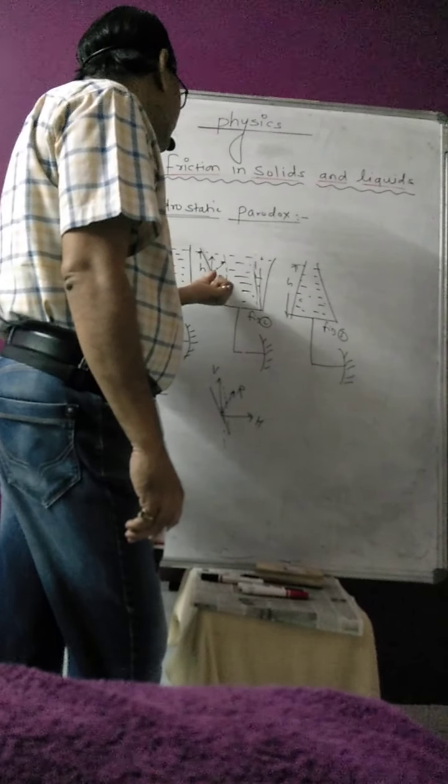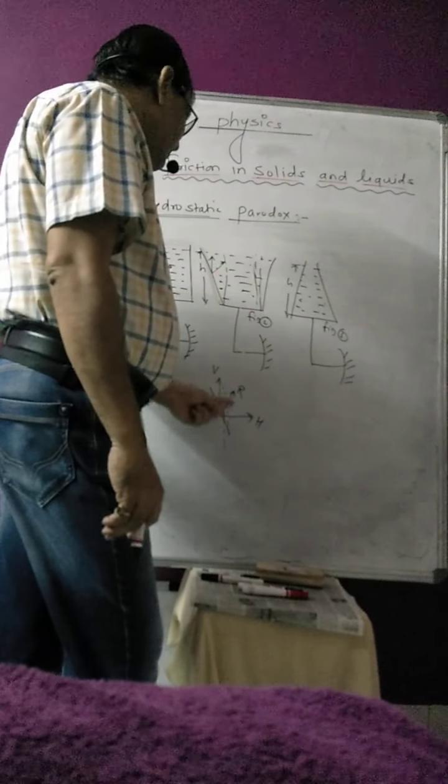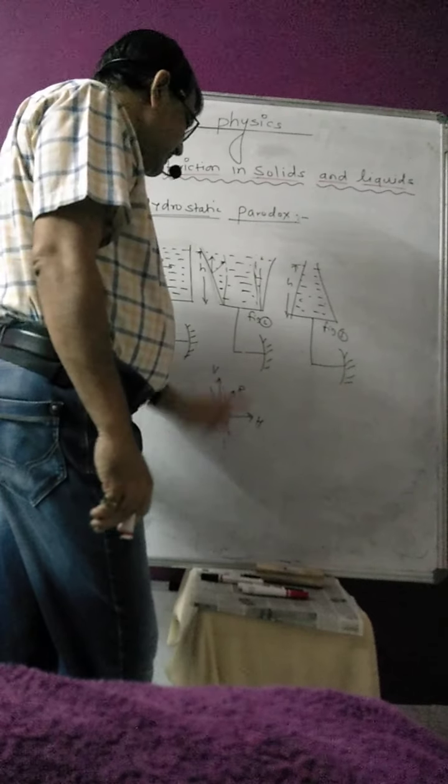Whatever extra liquid you see here, on both sides, is balanced by the vertical components of the normal reaction, and therefore the pressure on the base remains the same.